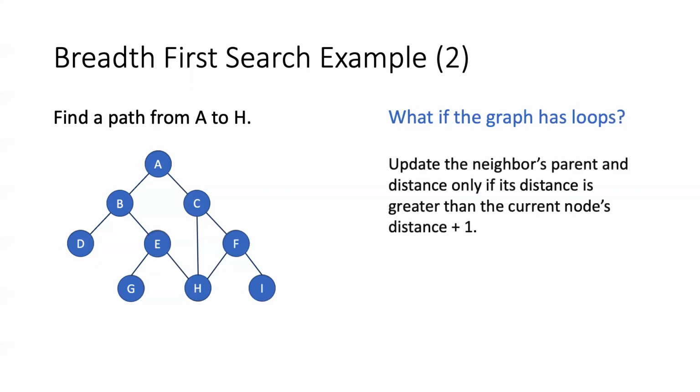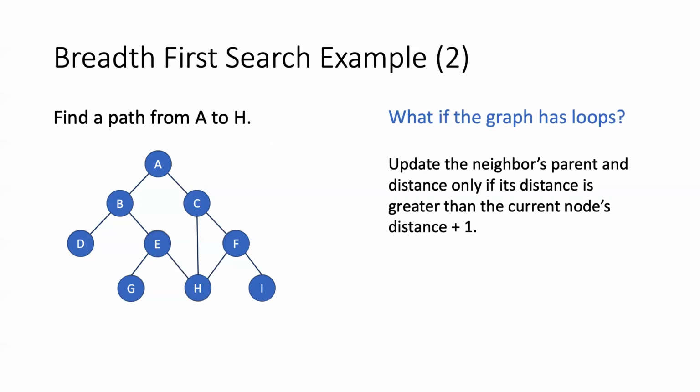So what we're going to do in order to make that happen is we're only going to update the neighbor's parent and distance if its distance is greater than the current node's distance plus 1. Is that right? Can you read that for me? That makes sense?